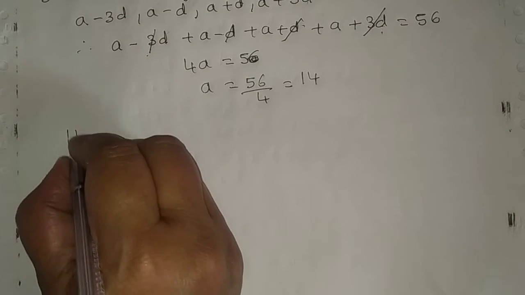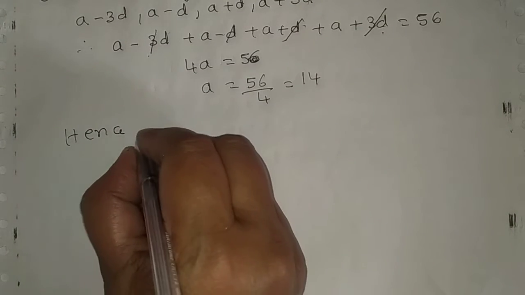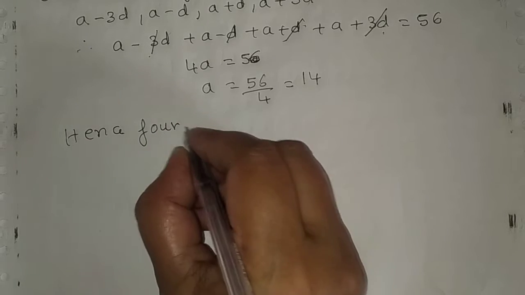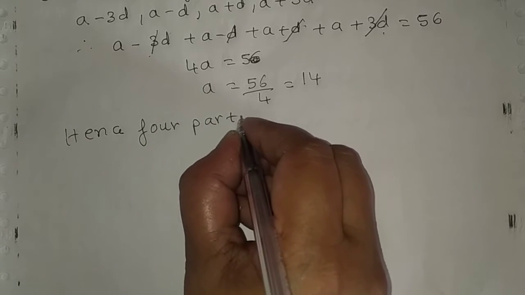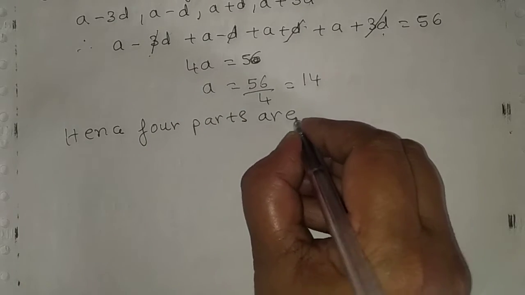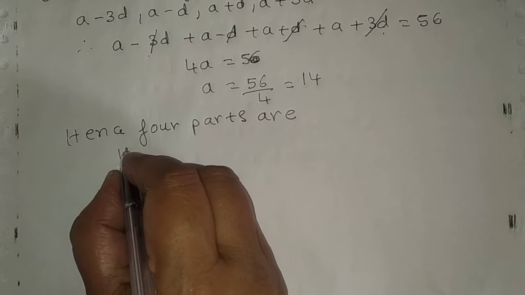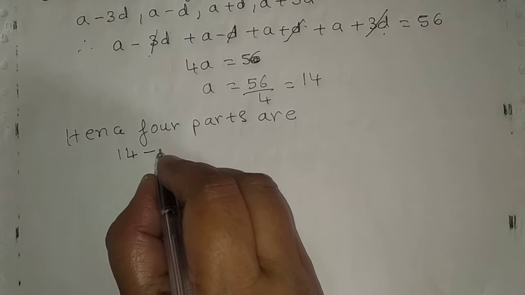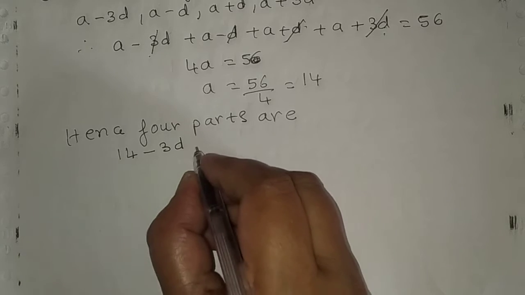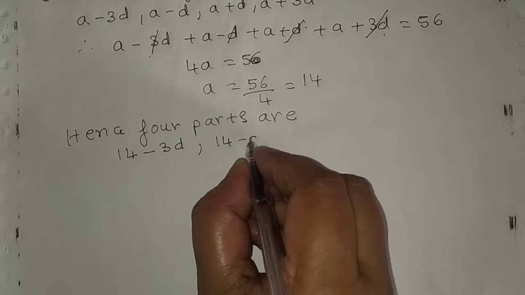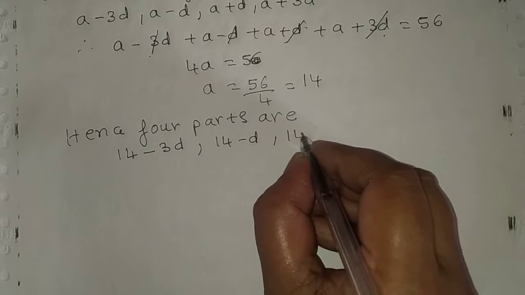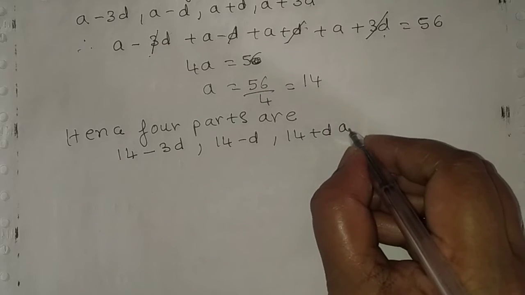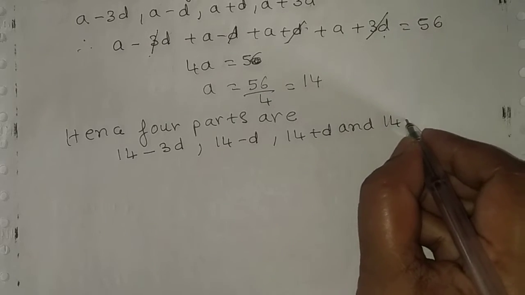So hence the 4 parts are, substituting for a in the above expression, 14 minus 3d, 14 minus d, 14 plus d and 14 plus 3d.